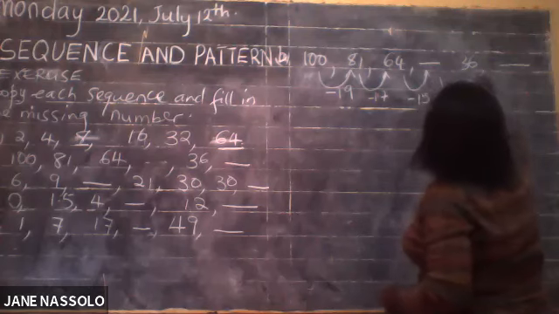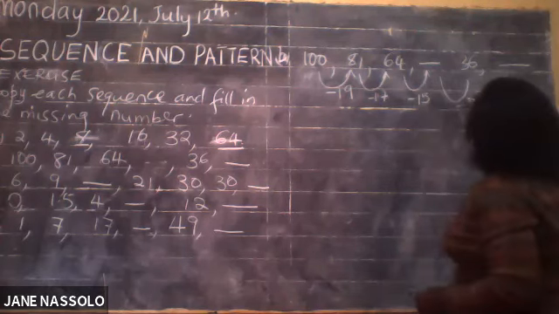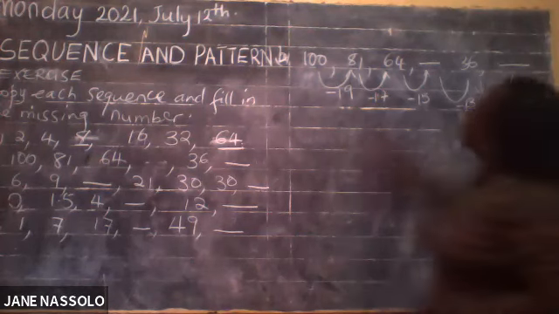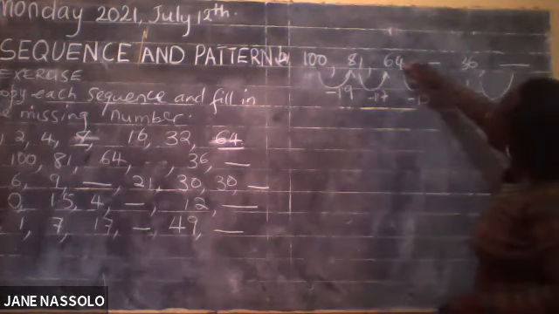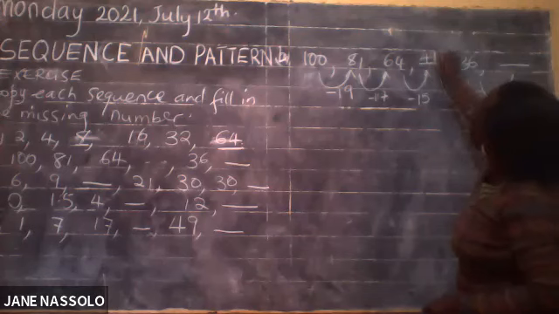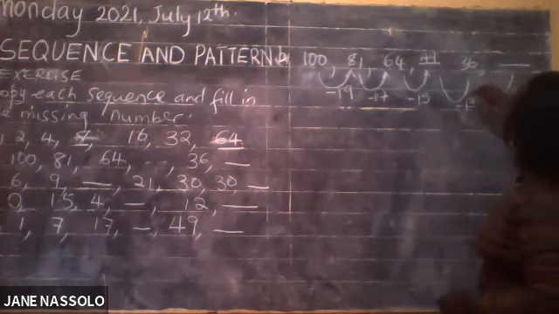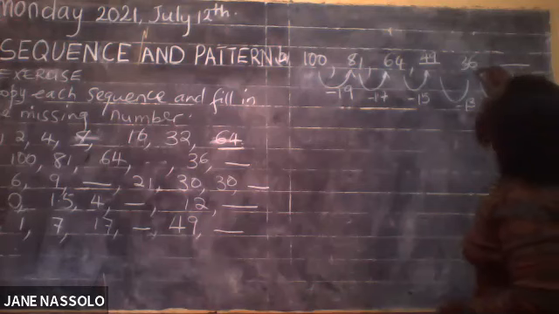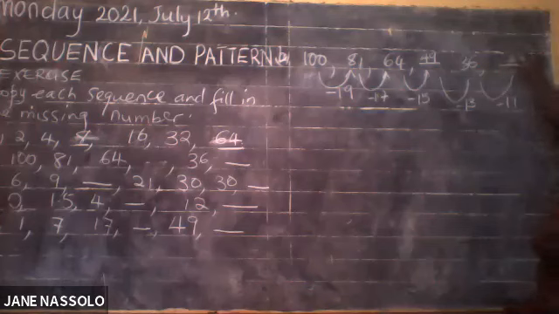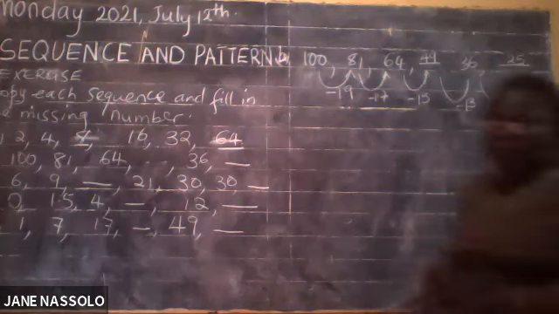Minus 13. Minus 11. Okay. So when we subtract 15 from 64, what do we get? 49. 13 from 49, 36. 11 from 36, 25. Thank you very much.